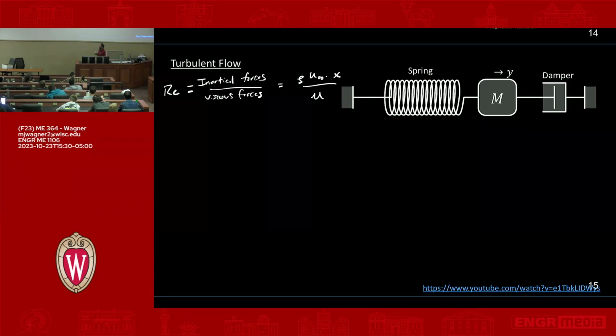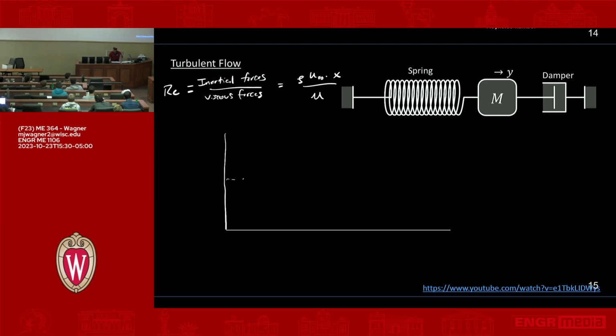So if I know the relationship between inertial and viscous, then I can predict the state of the flow. So, okay, why, again, this spring? Let me sketch out this spring damper system and show you what I'm going for here. Let's say this is the zero position of this mass m.